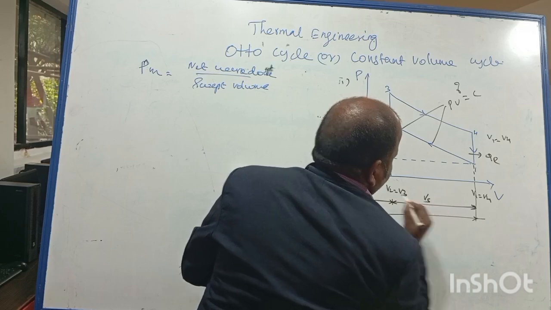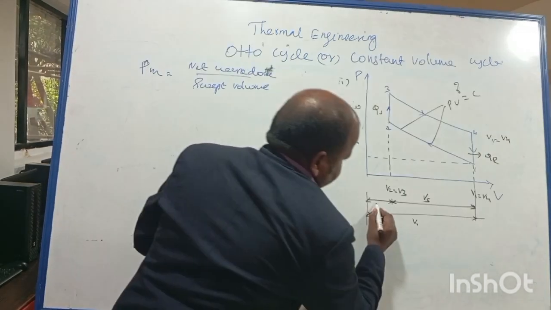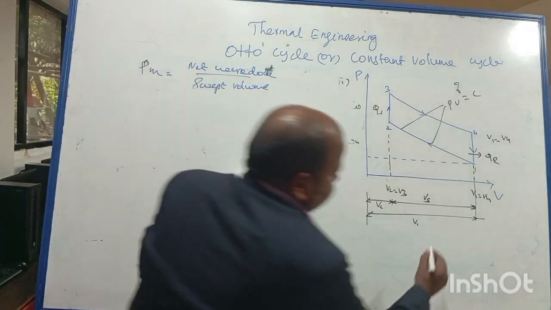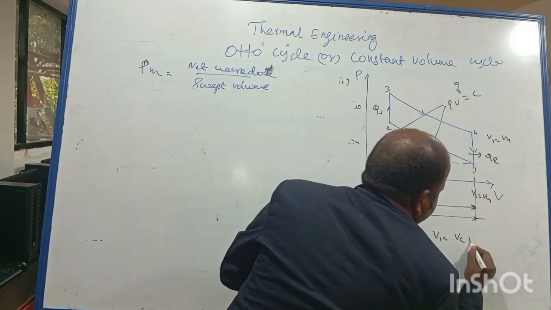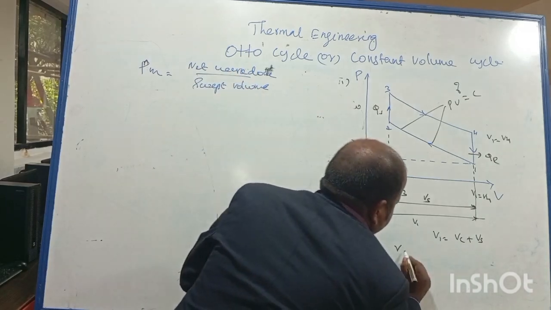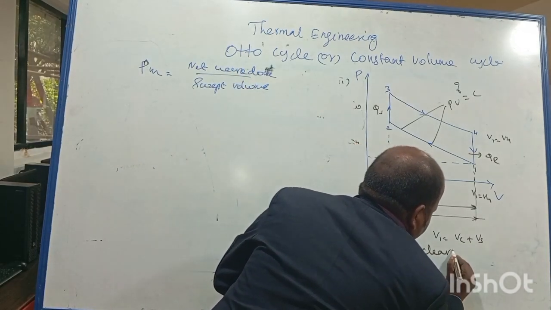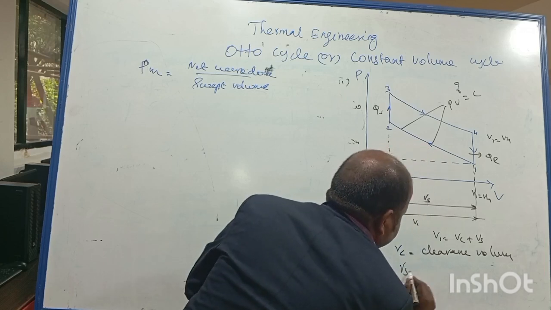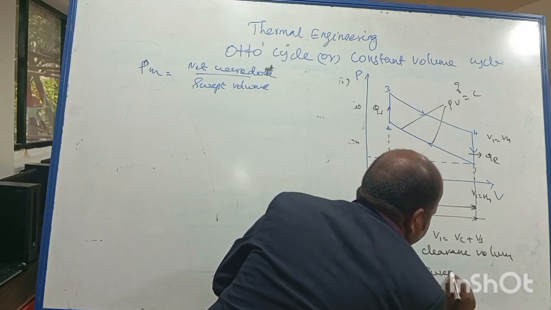This is swept volume Vs and this one is clearance volume Vc. The total volume V1 should be equal to Vc plus Vs. Vc is the clearance volume, and Vs is the swept volume.